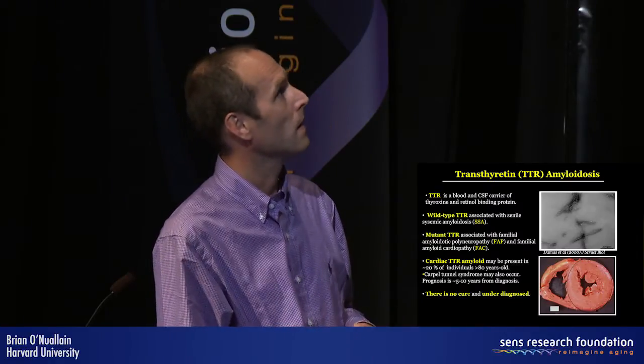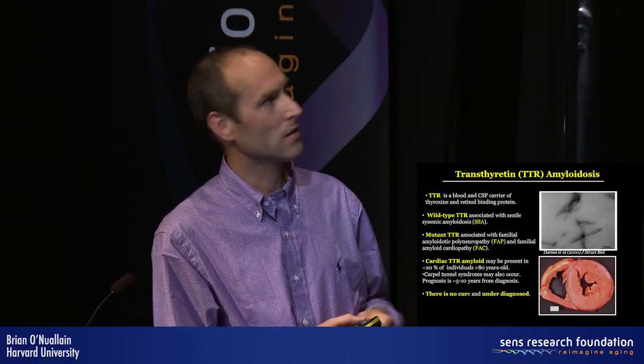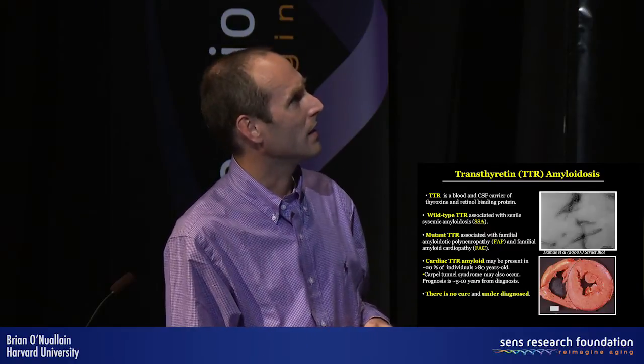TTR, transthyretin, is associated with 3 different amyloid diseases that affect the patient's heart or the nerves. With the wild-type protein, it's associated with senile systemic amyloidosis. This is a disease associated with aging, where the patients are primarily those greater than 70 years old, primarily men, and it primarily affects the heart.